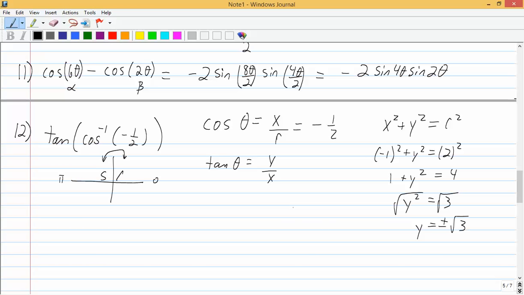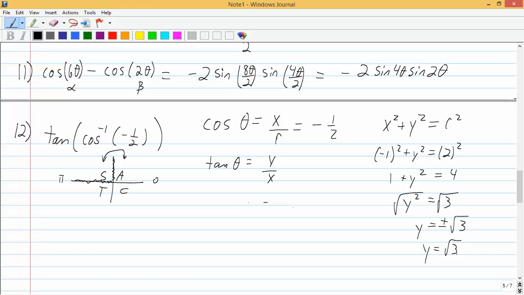Since I'm taking the inverse of a negative, the angle measure has to come from the second quadrant. In the second quadrant, x's are negative, which we've already found out, and y's are positive. So if we solve for y, we want a positive. And we did solve for y, so we want the positive square root of 3.